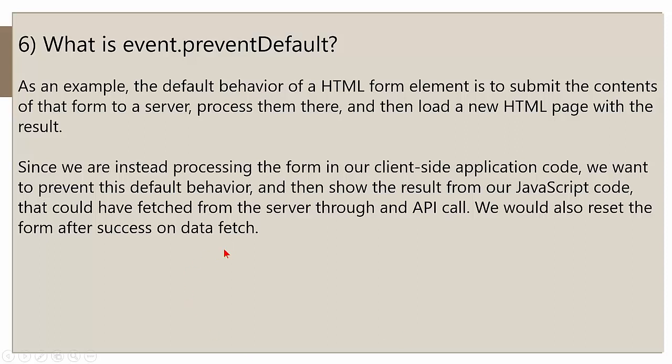Since we are instead processing the form in our client-side application code, we want to prevent this default behavior and then show the result from our JavaScript code that could have been fetched from the server through an API call. We would also reset the form after success on data fetch. So we need event prevent default for the client to serve the data after it fetched the data from the server. That is why we use event prevent default.